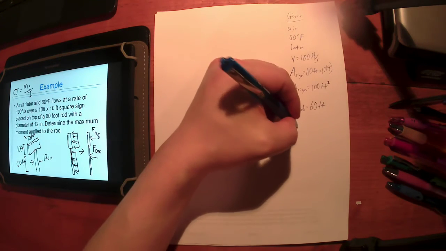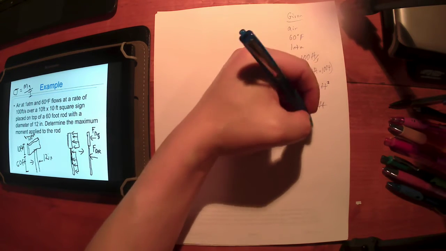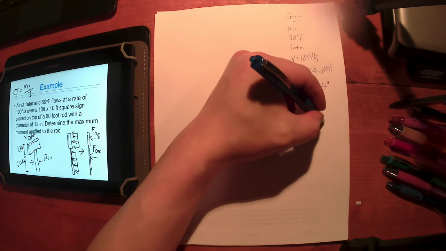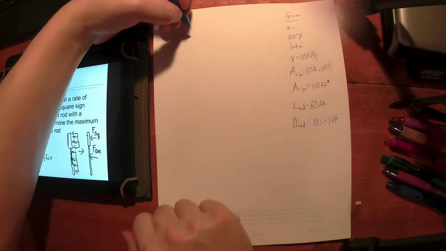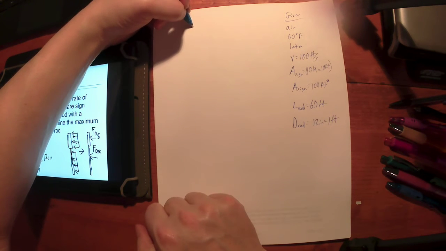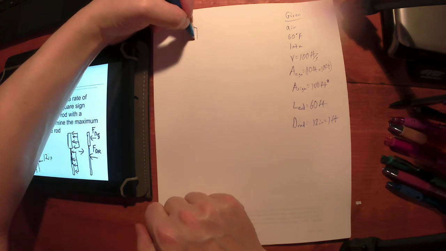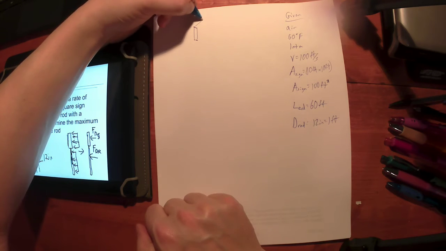And the diameter of the rod is 12 inches, or if you like, 1 foot. And again, I've got this sign.